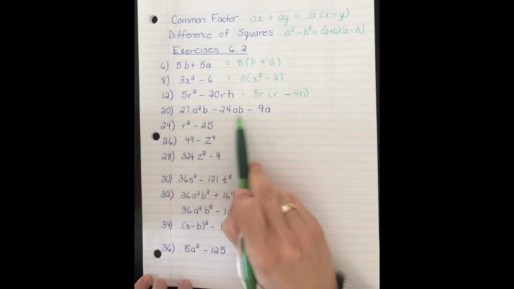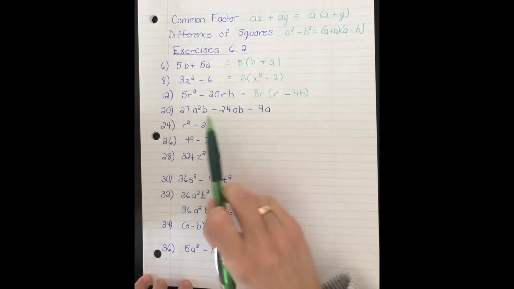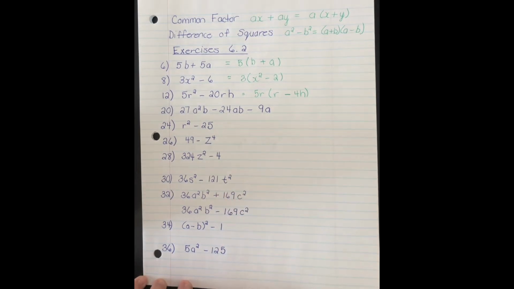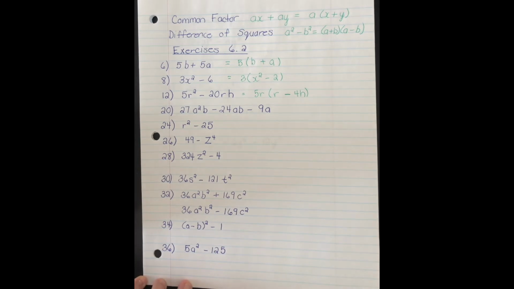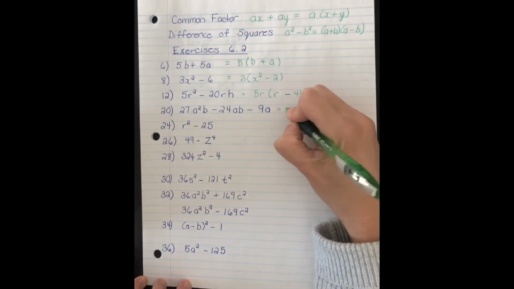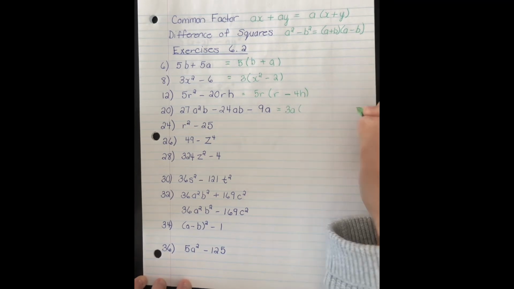Problem 20 has 3 terms. What's the greatest common factor for all 3 terms? All 3 terms are divisible by 3, and a is also common. So 3a is the greatest common factor.